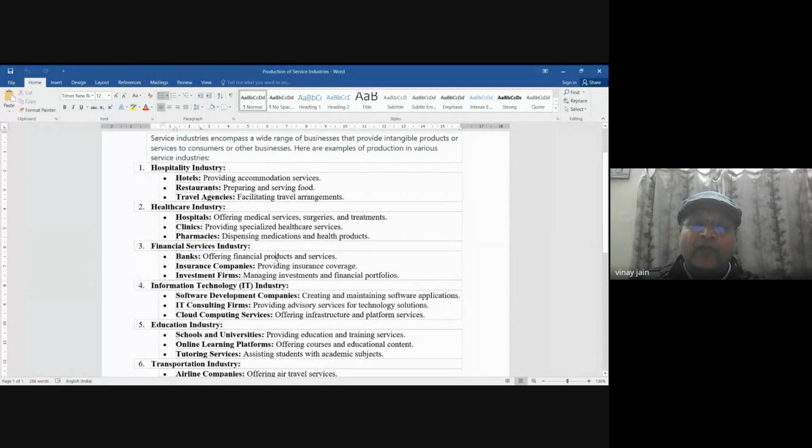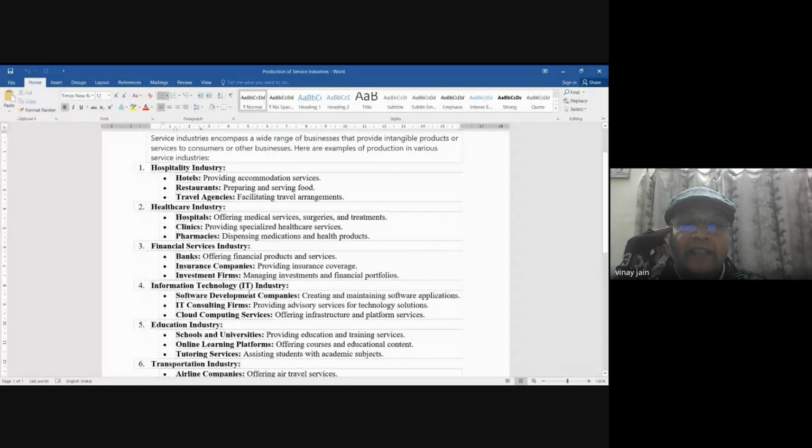They offer you a good rate of interest if you deposit your money there. Insurance companies provide insurance coverage. Investment firms manage investments and financial portfolios.